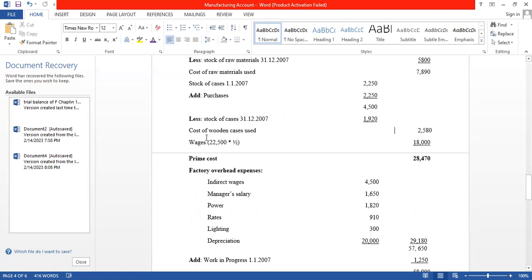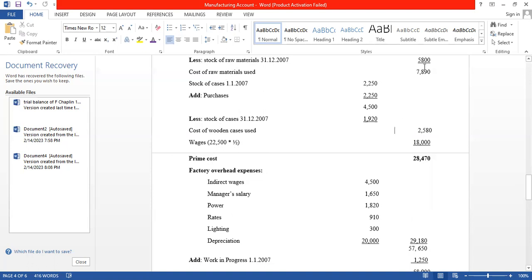So we're going to add wages plus the cost of wooden cases used plus the stock at the ending of December plus the purchases and the stock cases at the 1st of January 2007. So all this right here is what we totaled to get the prime cost.